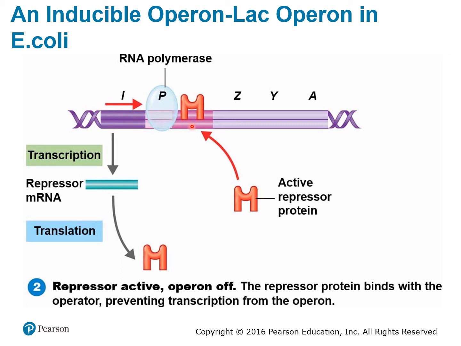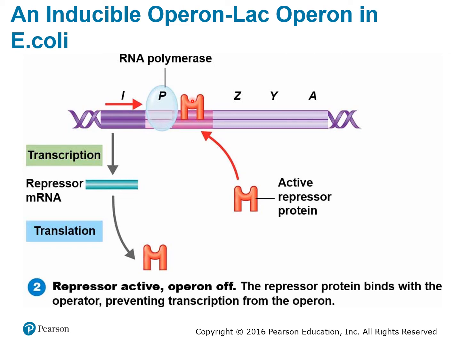Now, why is transcription and translation of these genes turned off? Because for transcription to begin, RNA polymerase will need to bind to the promoter sequence. And then it has to start to glide along the DNA sequence to go ahead and start the transcription.